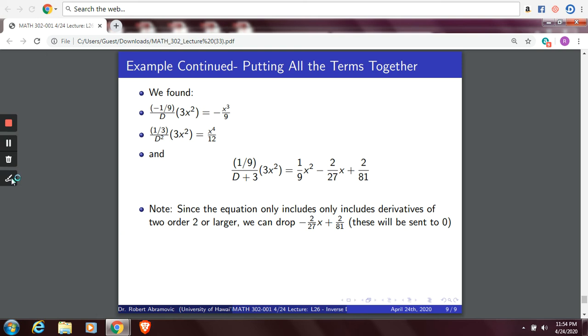Now, here's an important thing that we didn't really have to worry about when we did the other method of applying 1 over D plus 3 first and then 1 over D squared. These two terms are extraneous because when you plug them into the differential equation, you just get 0. So they're not going to affect the particular solution. We can actually just drop them.